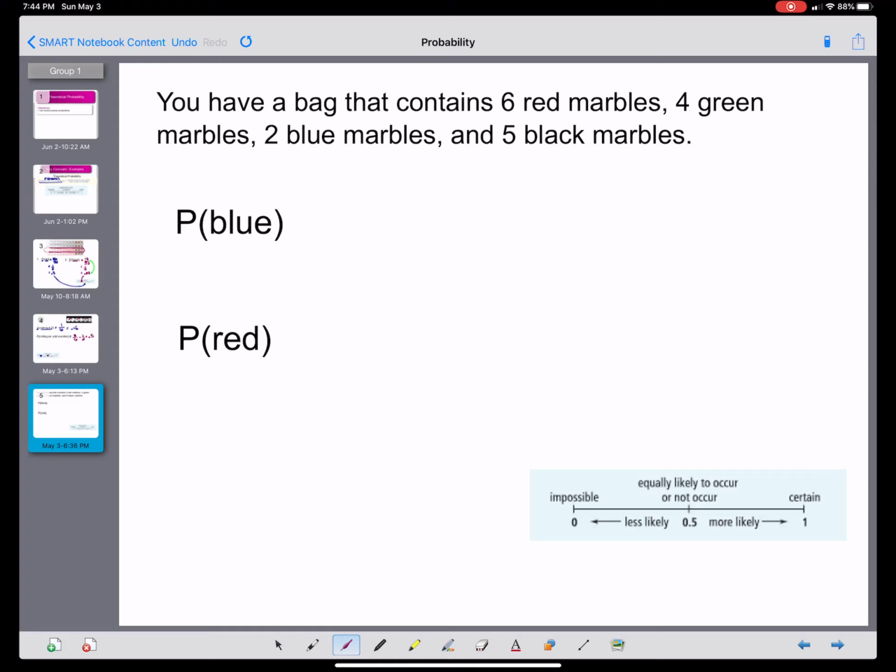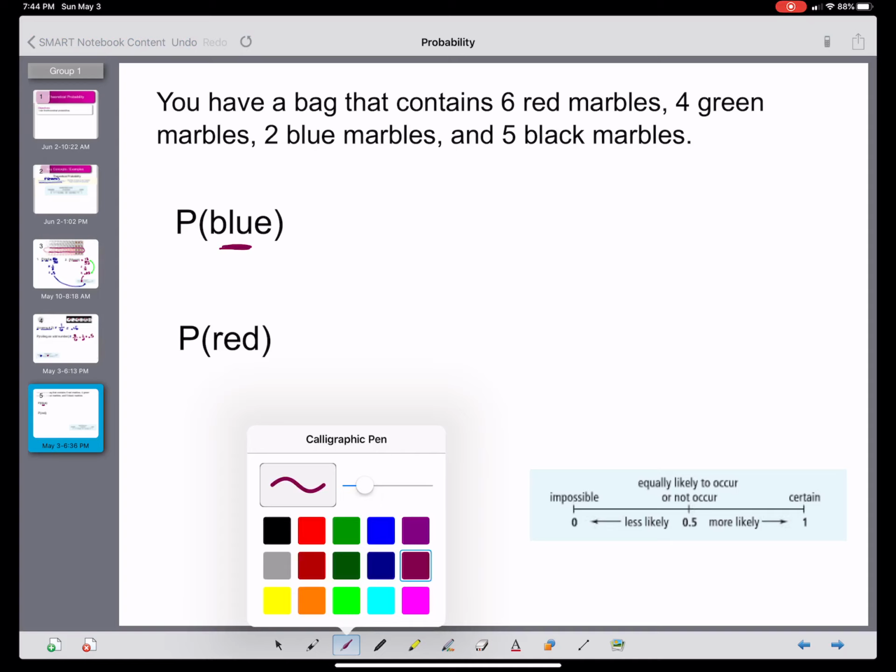All right, last one. It says you have a bag that contains 6 red marbles, 4 green marbles, 2 blue marbles, and 5 black marbles. We need to find the probability of pulling out a blue marble. So let's take a look at this.